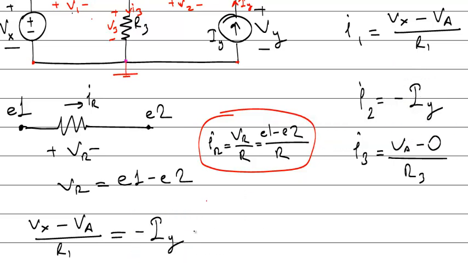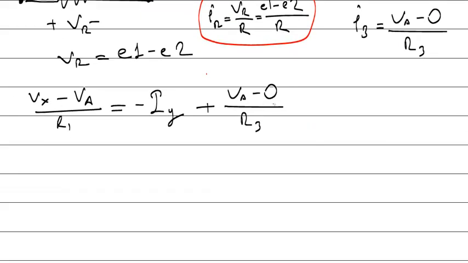I2 plus I3. Okay. So I have only one equation, and only one unknown. What's the unknown here? Solve this equation for VA. In this equation, I don't know only VA, so I can easily find VA. Okay?